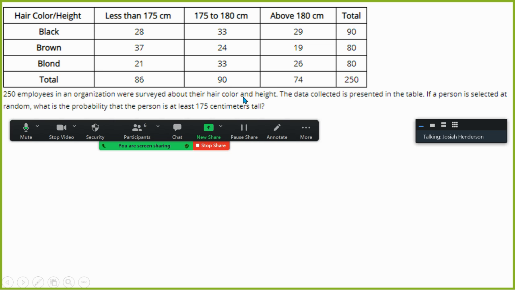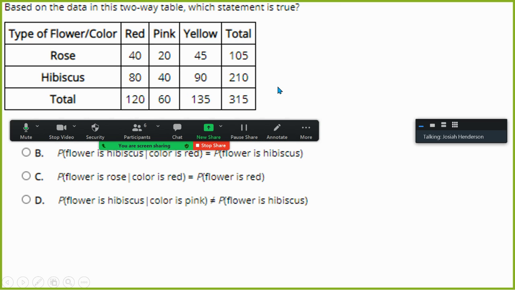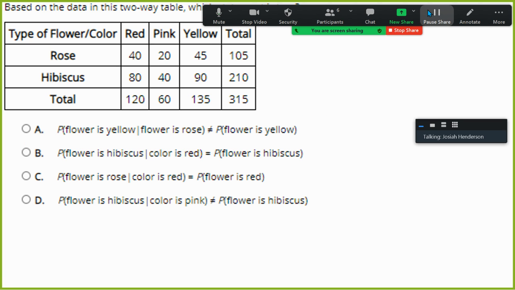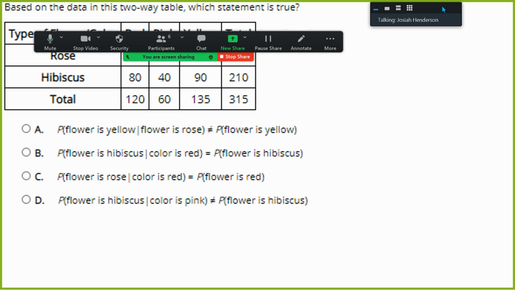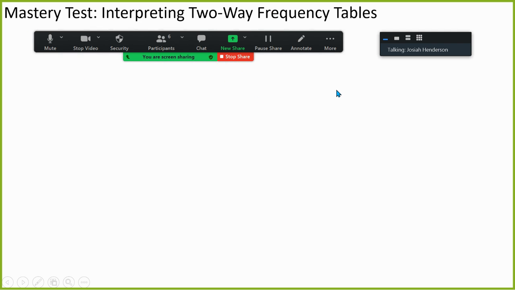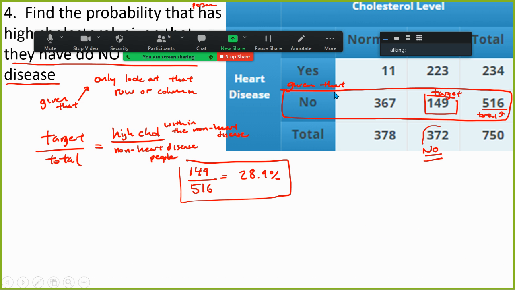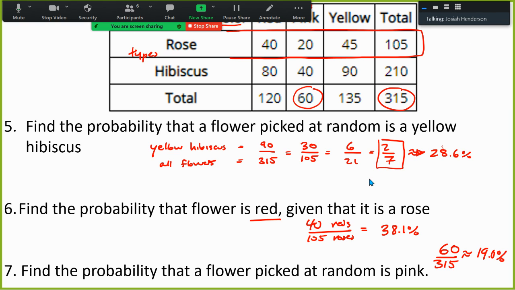Oh, I just realized one thing that I want to review with you guys real quick. It's nothing actually new, but it's been a while since we've used it. So the given that questions, remember how we set that up in our equation format? Here, let me go back. Looking at number 6 here that we did earlier today. How would I write that using the proper probability notation? The given that is written after the straight line.